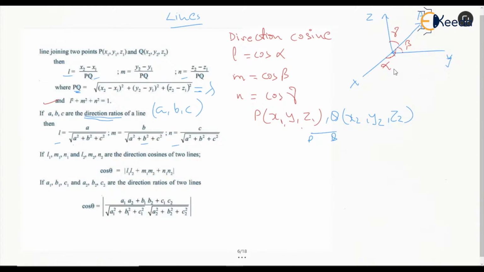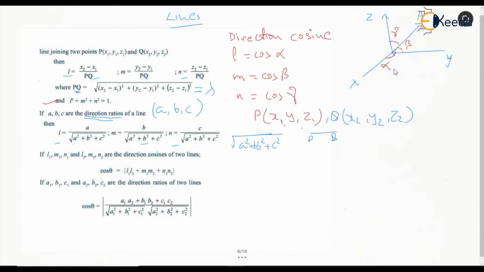And of course, this under root of A square plus B square plus C square is nothing but the length of the line joining the two points.